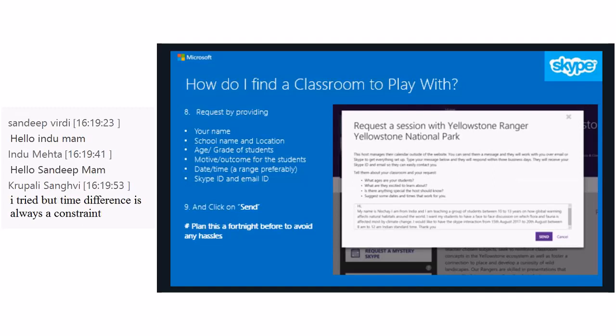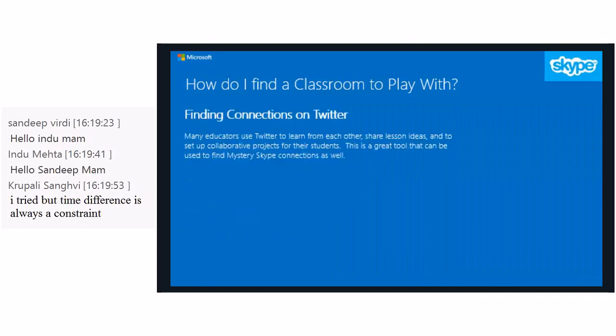Okay, so this is just a demo of one of the rangers that I had clicked on to showcase how you can connect. So this is a ranger from Yellowstone National Park, and he asks a few things: what are the age groups of my students, what are they excited to learn, is there anything special that they should know, and if we want to suggest any other dates.